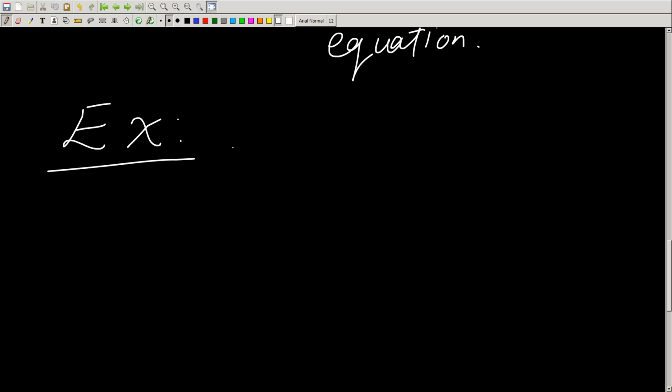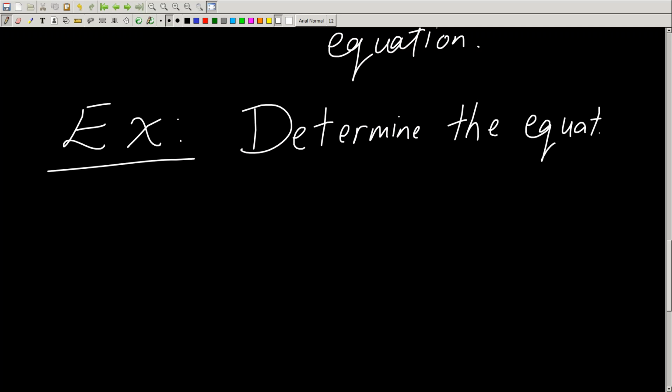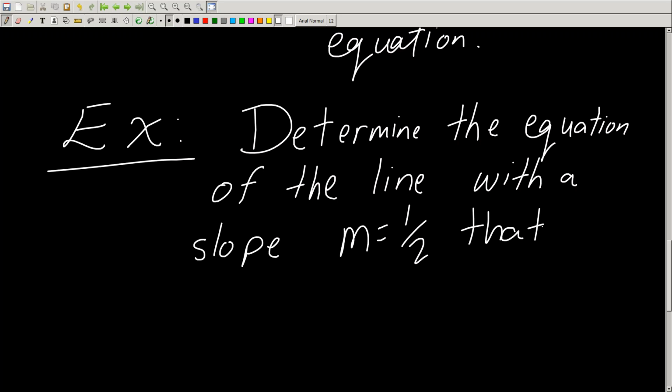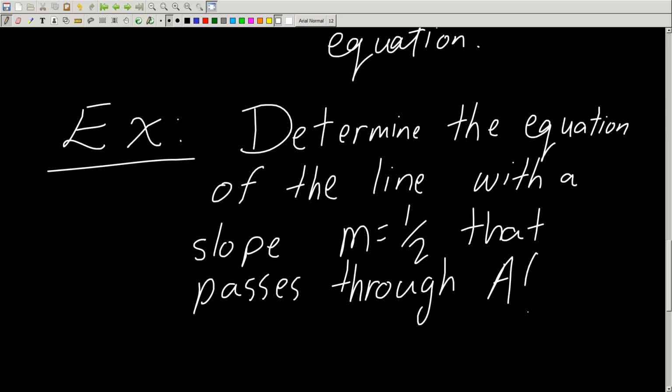Example. Here we go. Determine the equation of the line with a slope m equals 1 over 2 that passes through a point A, which has coordinates, let's say, (2, -3).